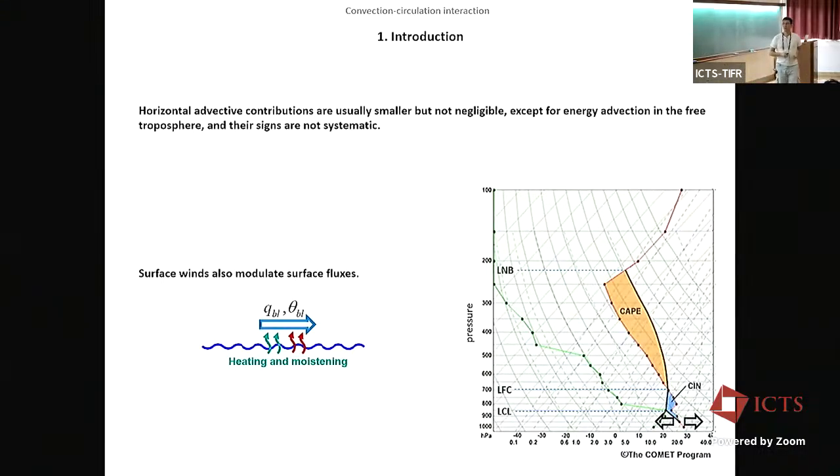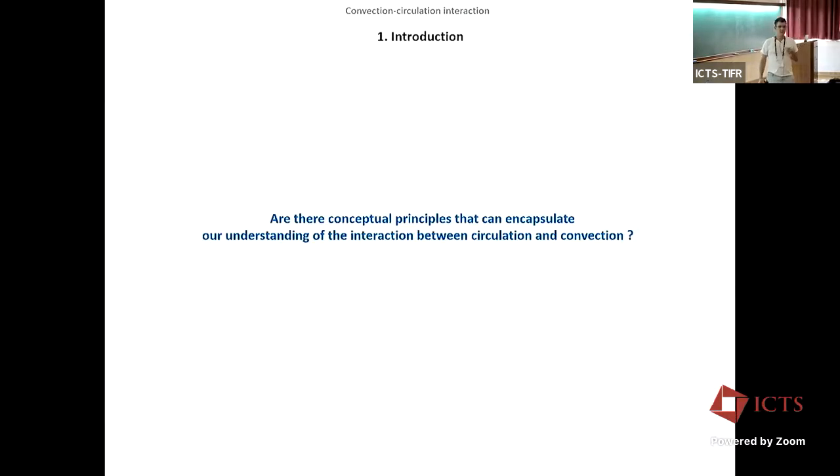All right, so we've got those physical effects, but it's hard to figure out what happens overall with those effects and how we can think of what happens with convection and how the dynamics are going to respond to it, or what happens with the dynamics in response to convection, and that is going to condition the circulation.